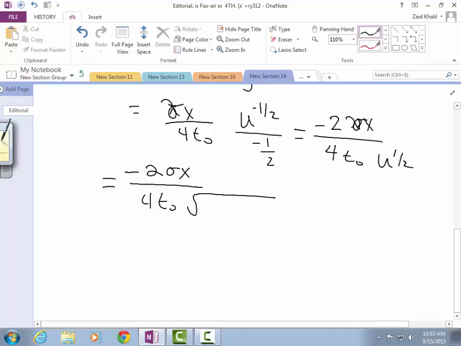What is u? x squared plus r squared. And now, what are we going to be integrating from? Little r, from 0 to big R.